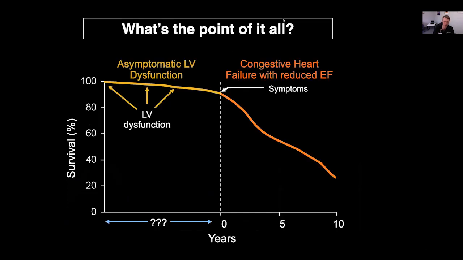So the purpose of speckle tracking is the idea that you can pick up subtle dysfunction. Some of the conventional measures that we have can miss subtle dysfunction. That's the original premise of it. The example here is ejection fraction, which is not a perfect way of picking up systolic dysfunction, and maybe speckle tracking can answer some of that. For example, it could pick up someone who's asymptomatic with some LV diastolic dysfunction.